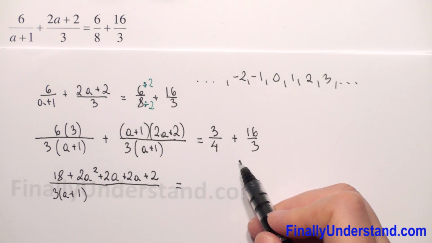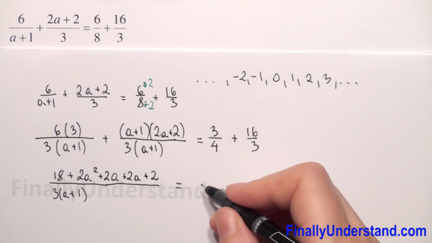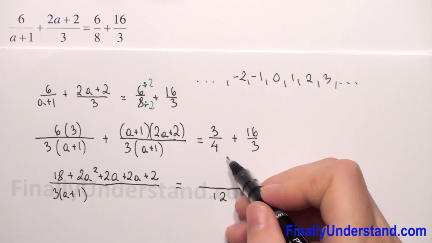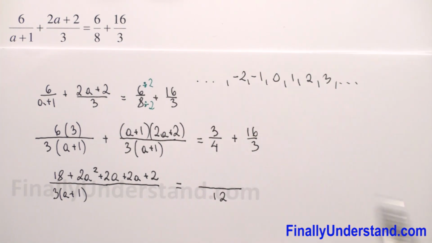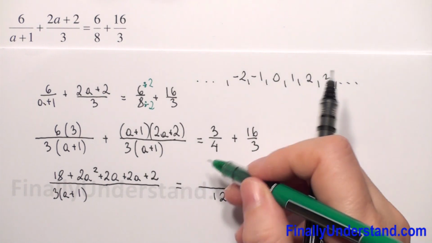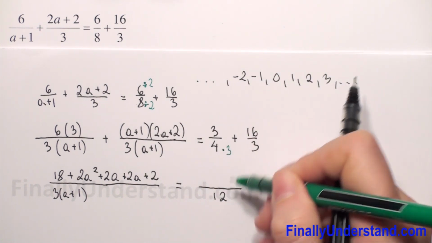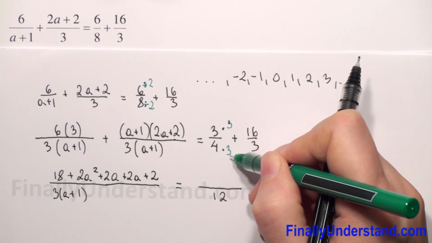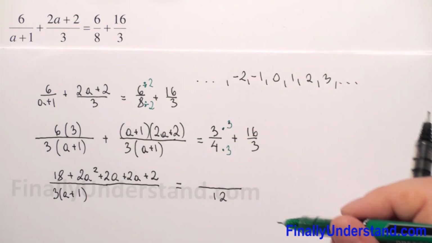So this is equal, and on the right side we have fractions with different denominators, so we need to have a common denominator. For 4 and 3 it will be 12. So we have 12 in the denominator. We have only at the beginning 4, so we need to multiply 4 times 3 to get 12. The same I have to always do with the numerator. Whatever I did with the denominator, I have to do the same with the numerator.